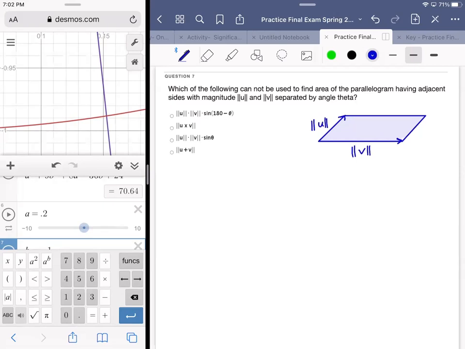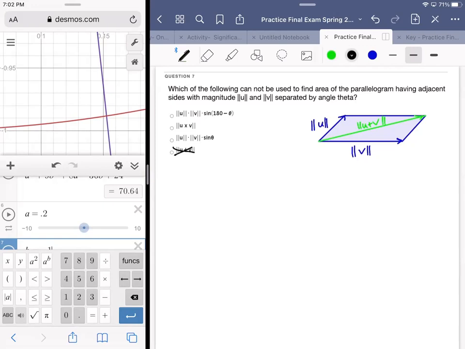So that fourth choice, the u plus v, this is what u plus v looks like. What the magnitude of that would be is the length of this line segment. Well, that's not an area. So we can eliminate one off the bat.